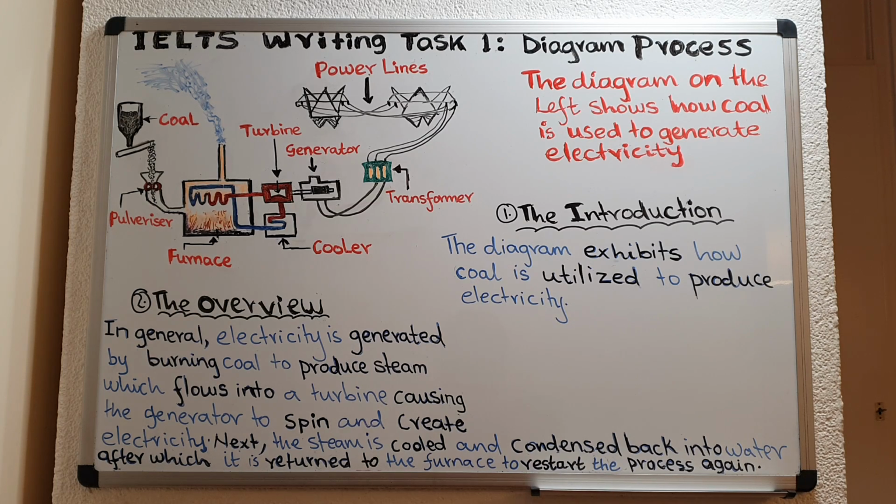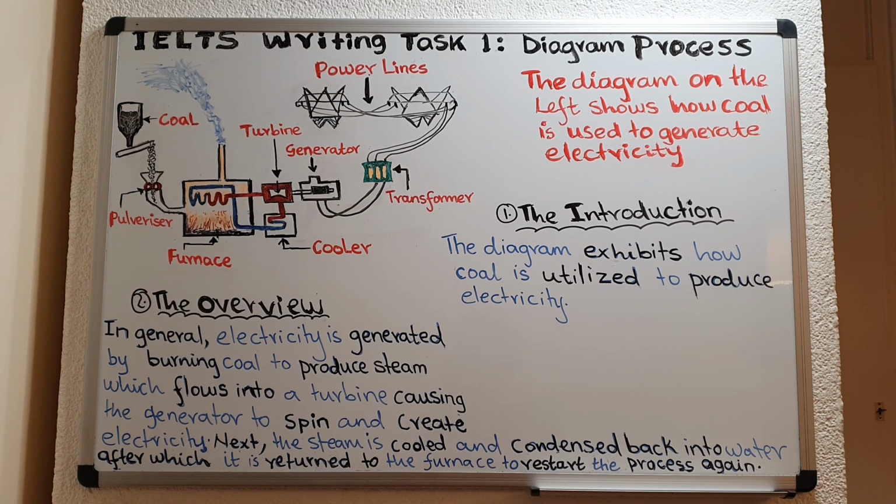And then once you have done that, write your overview. In your overview, all you have to do is write a summary of the steps of the process, okay? A summary. Do not go into details, because that's what you're going to do in body paragraph 2 and body paragraph 3.